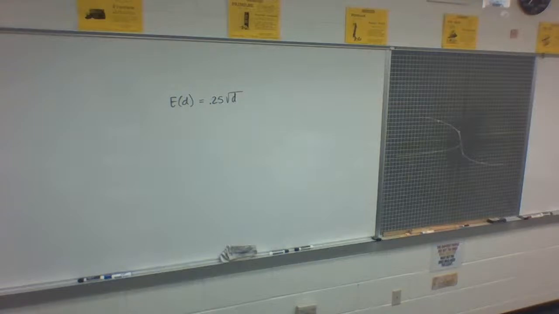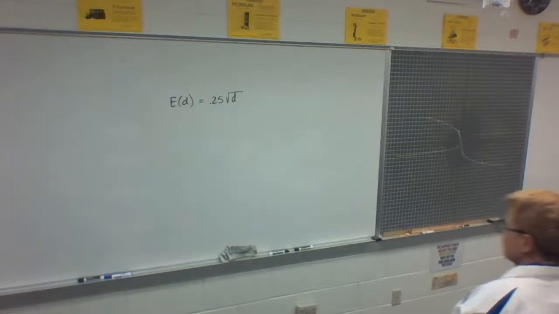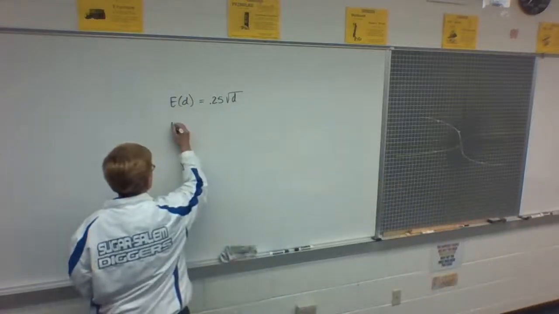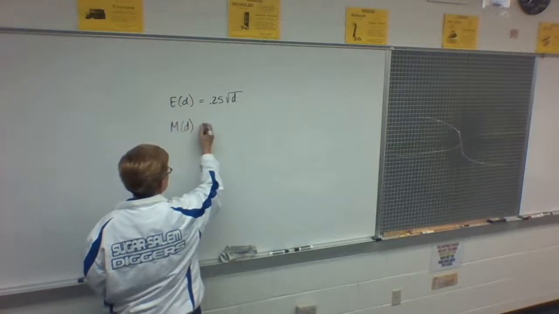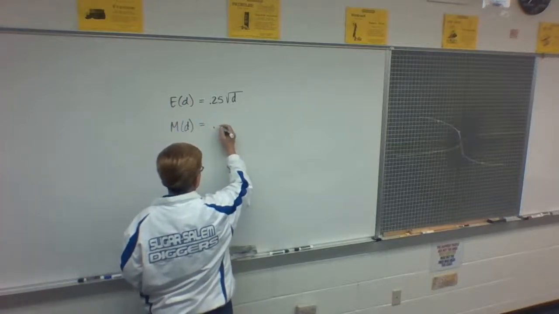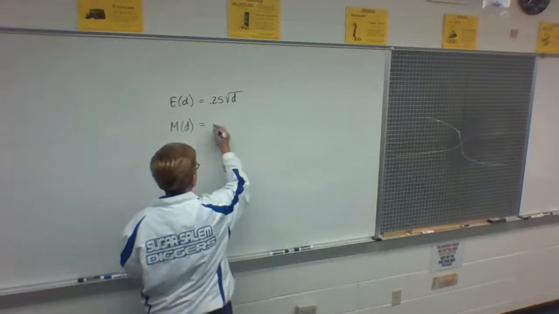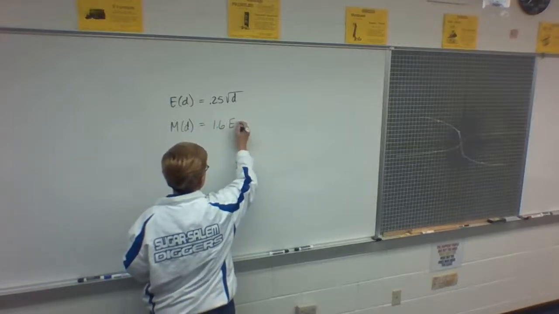The function M of d equals 1.6 times E of d approximates the number of seconds it takes to drop an object d feet on Mars, hence the capital M. We want to write a rule for M. And then, how long does it take a dropped object to fall 64 feet on Mars? So we're going to answer the question once we get a rule. But what we have up here for Mars is M of d, that still stands for distance, is 1.6 times E of d.